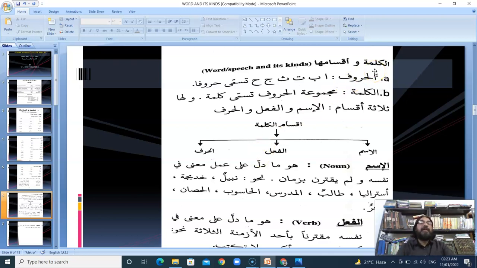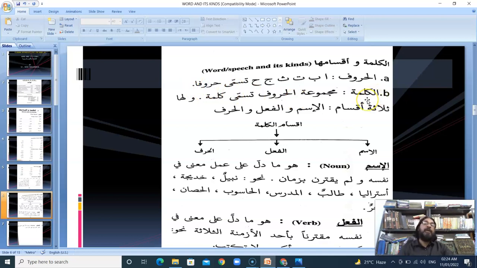Have a look once here. Al-kalimatu wa aqsamuha, word and its kinds. Al-huruf, what are huruf? Letters. Alif, ba, ta, sa, jim, ha, tusamma hurufan, are called letters.